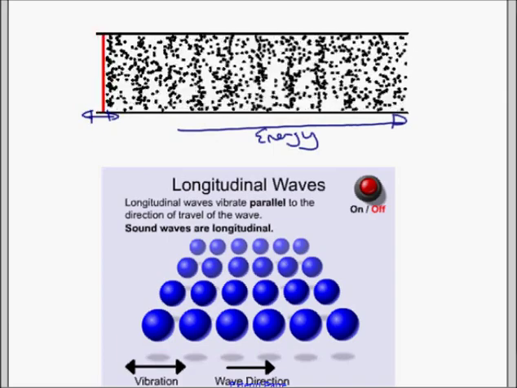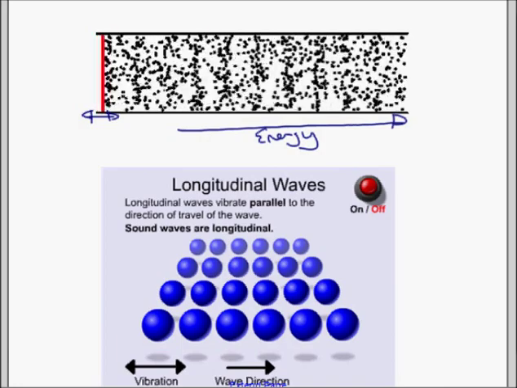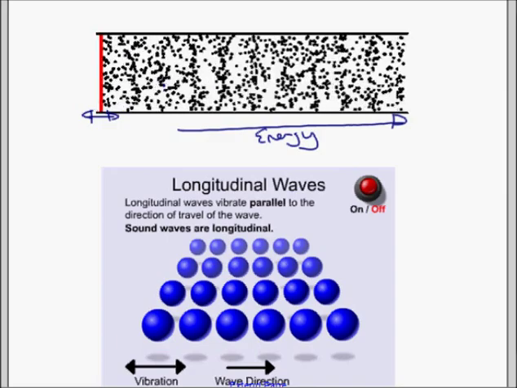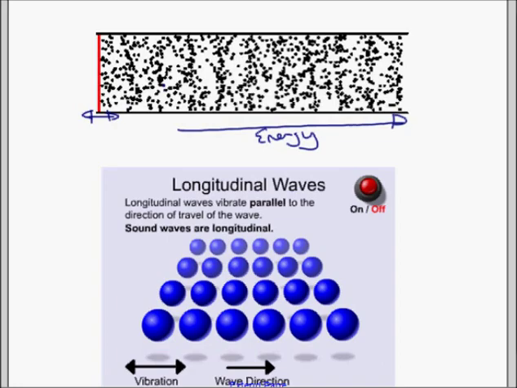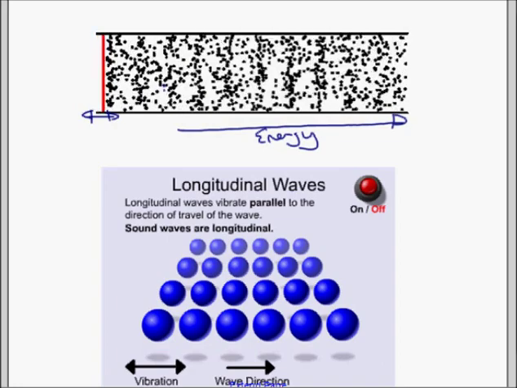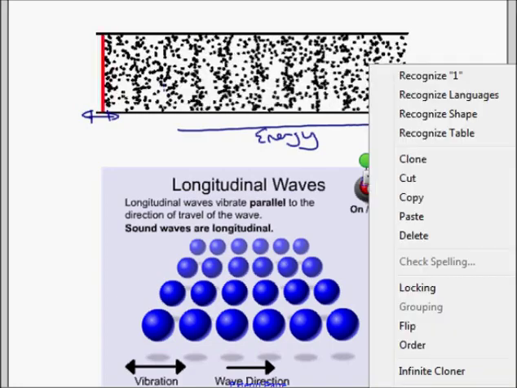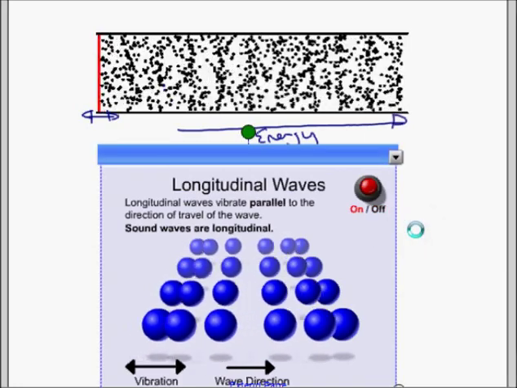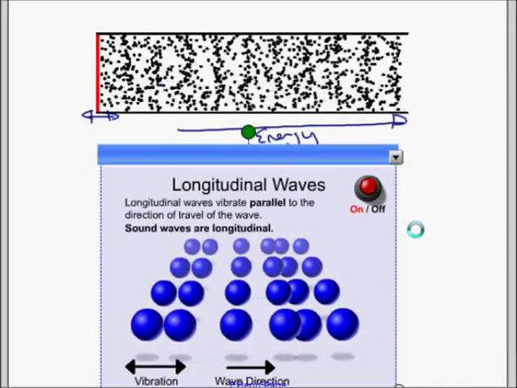So if we choose a spot, let's say that little dot there, let's make it a little bit bigger, you can see the particles just going back and forth right beside it. They're not actually traveling along from one end to the other. Here's a little diagram of this. You can see the particles stay where they are on average, but they move back and forth.